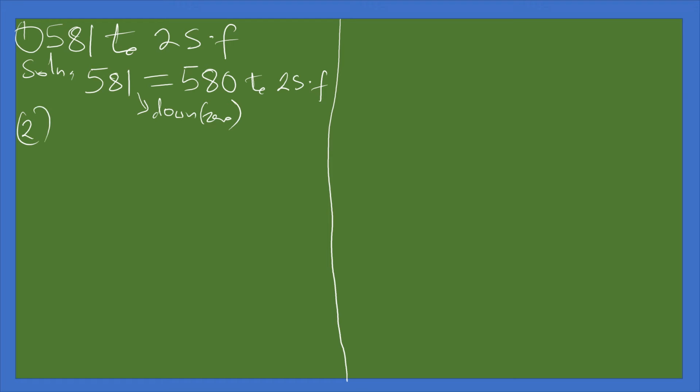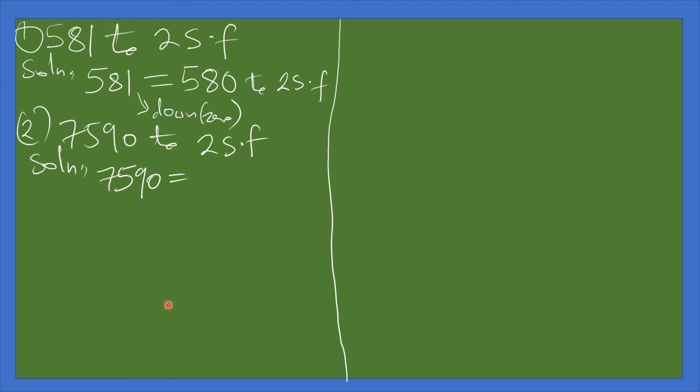Now let's take the next question. It says 7590 to two significant figures. Solution: 7590 to two significant figures. So the first is 7. The second is 5. Now the number after 5 is 9.